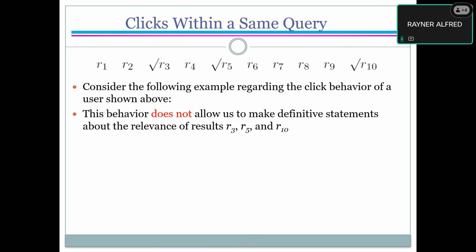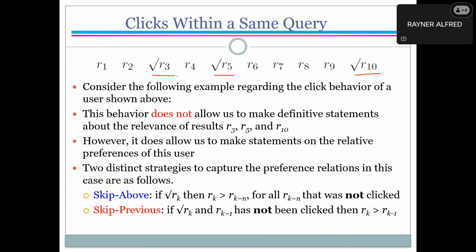So we cannot assume that R5 is more important than R10, or R5 is more important than R3. What we know is that the user clicked R3, R5, and R10. But we can make assumptions for the other results. So we have 2. The first one is skip above, and the second one is skip previous.